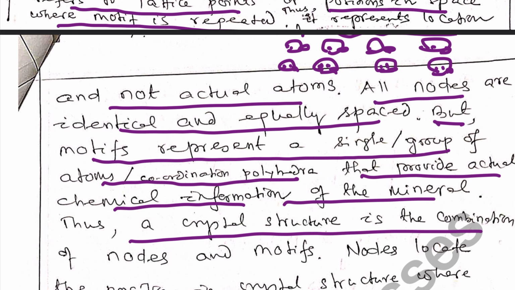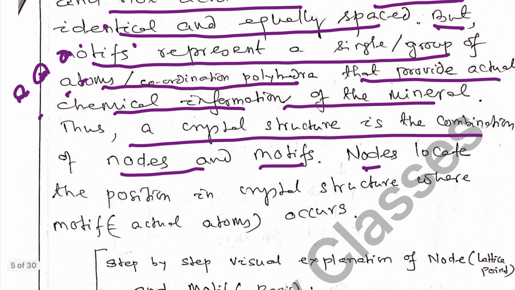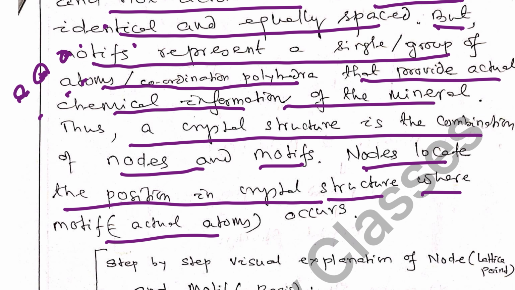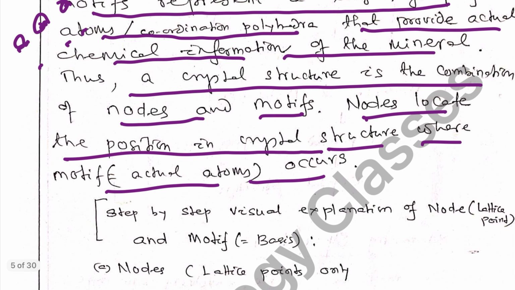Thus, a crystal structure is the combination of nodes and motifs. Nodes give rise to the systematic arrangement where atoms are found to be arranged. So, nodes locate the positions in the crystal structure where motifs or actual atoms occur.